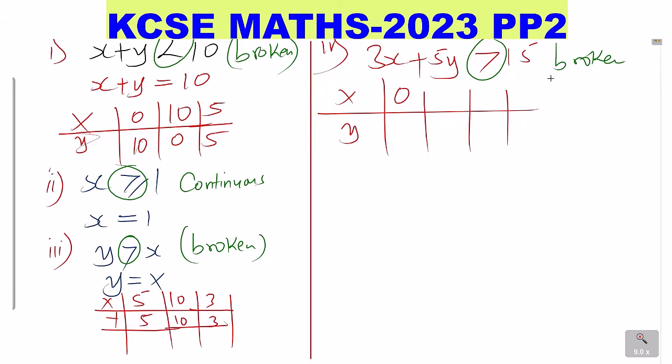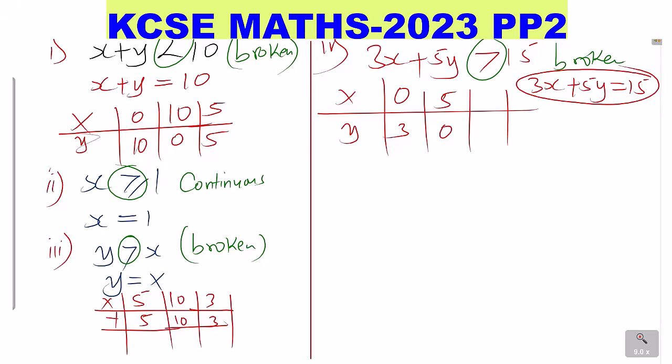The line that you're going to draw is 3x plus 5y is equal to 15. So substitute x with 0, you get y as 3. When y is 0, you get x as 5. I don't see any other point that will give me a whole number. The others give decimals, but those 2 points are still okay.